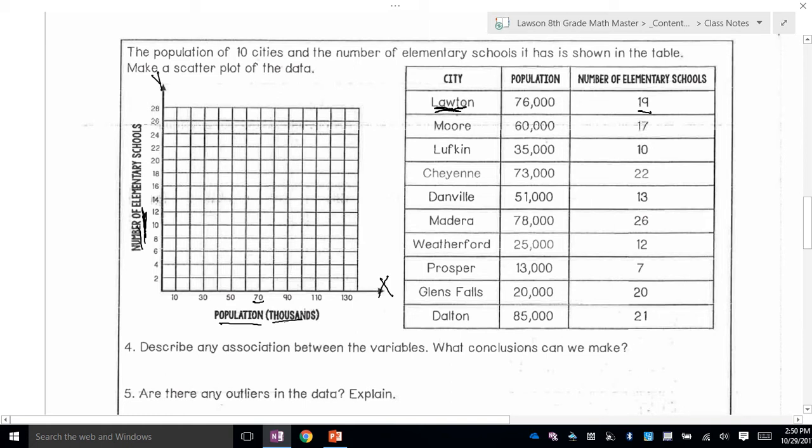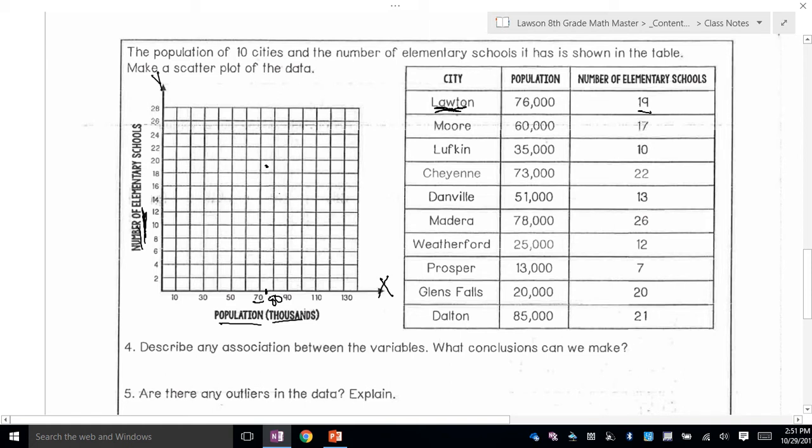So this would be 70,000. And they're counting by tens here. They just skipped one, so we could say that this is 80. So 76,000 is going to fall somewhere between 70 and 80, and then they had 19 schools, which would be between 18 and 20, so we'll put a dot here at 76, okay?